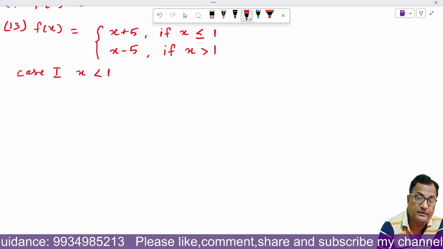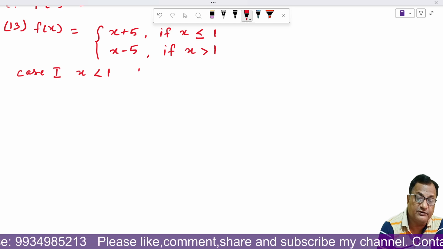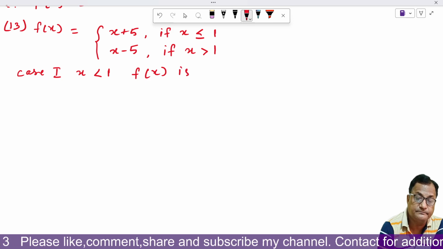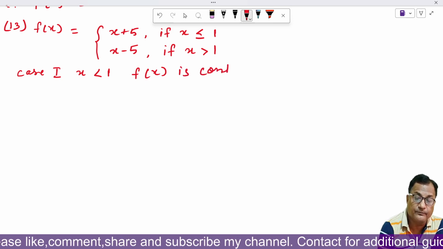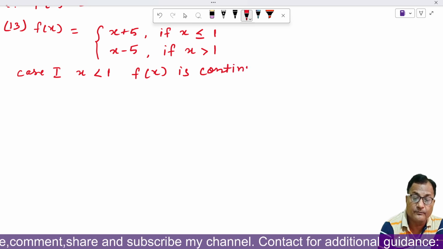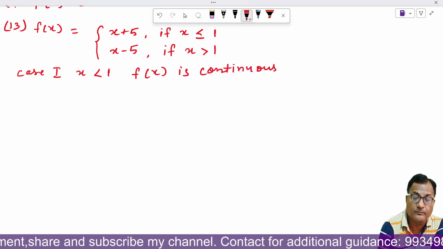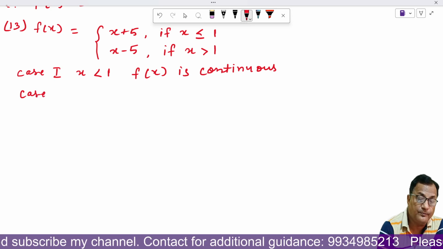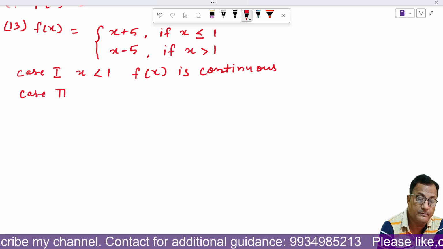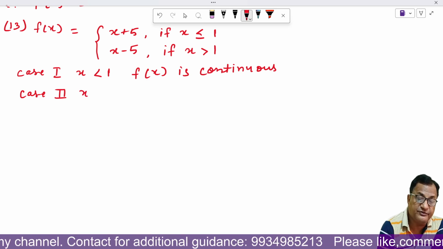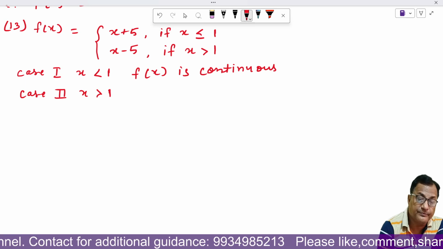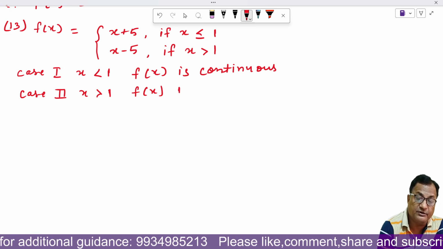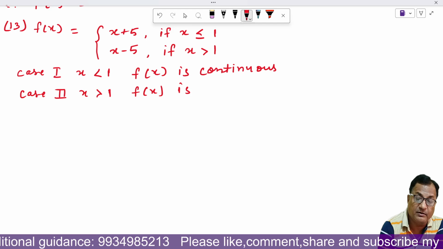Case 1, f(x) is continuous in this case. Case 2: x is greater than 1, so f(x) is continuous in this also.